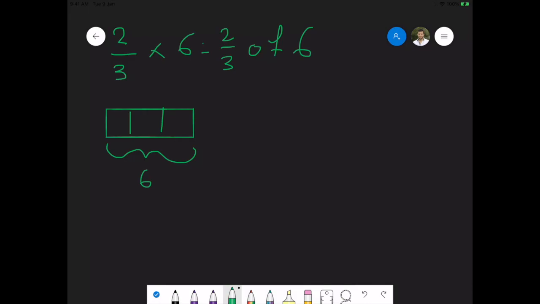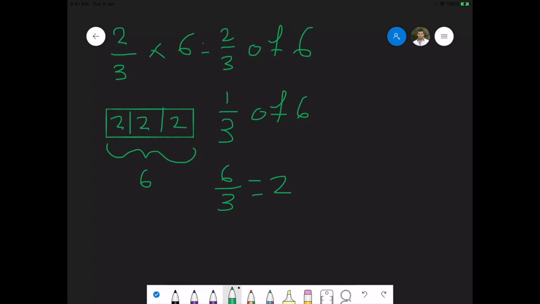In order to do that, I need to identify one unit, or the unit fraction as we say. In order to find one unit of 6, which is 1/3 of 6, what I will need to do is to divide 6 by 3, which gives us 2. So I know each unit is equal to 2.